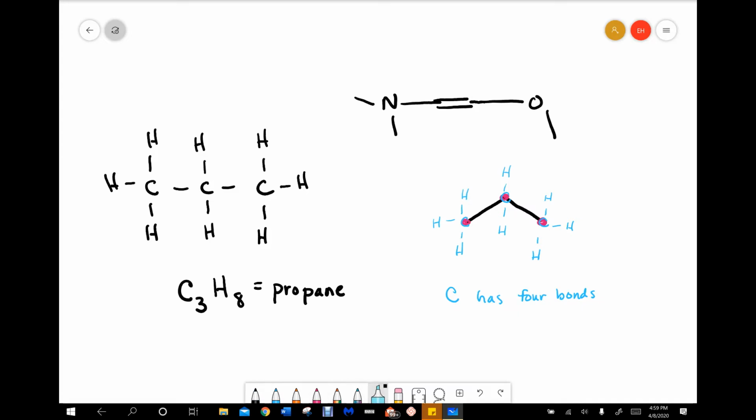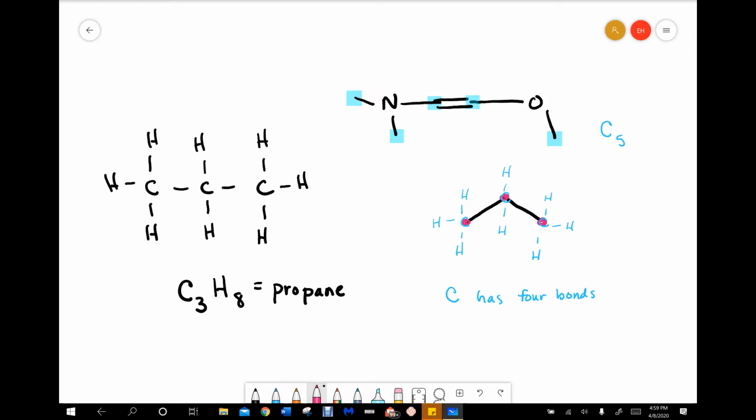I'll go through and highlight every place we'd find one. At the end of each line is a carbon. Also be careful: anytime you have a double or a triple bond, there will be a carbon at each end. And we'll have a carbon on this end near the oxygen. Overall we have a total of 1, 2, 3, 4, 5 different carbons.